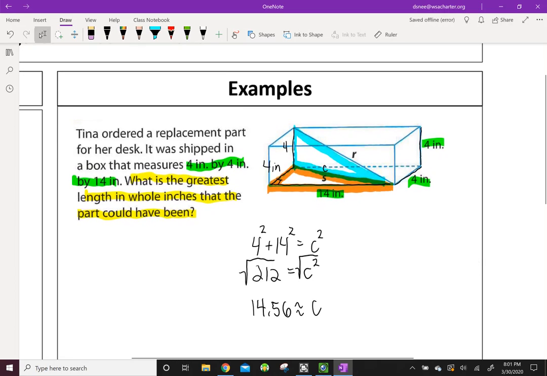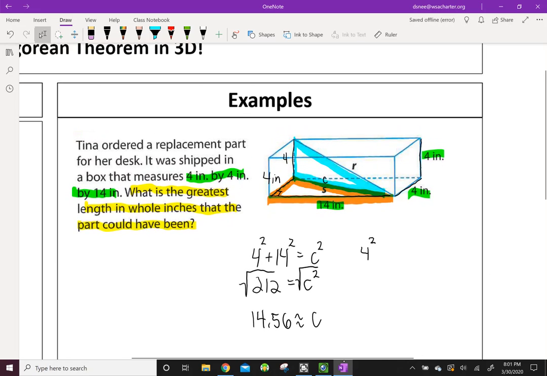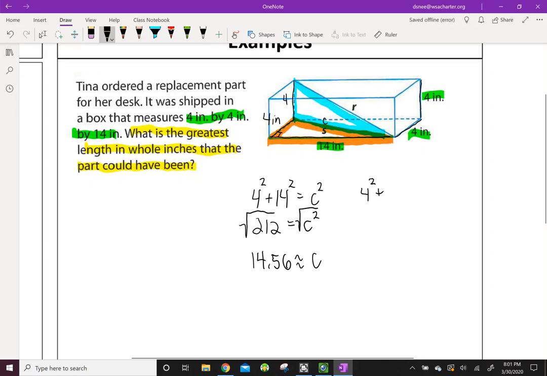So I'm at 4 squared plus the square root of 212 squared is equal to c squared, which is this right here now, which is r. We're just going to say that's r.